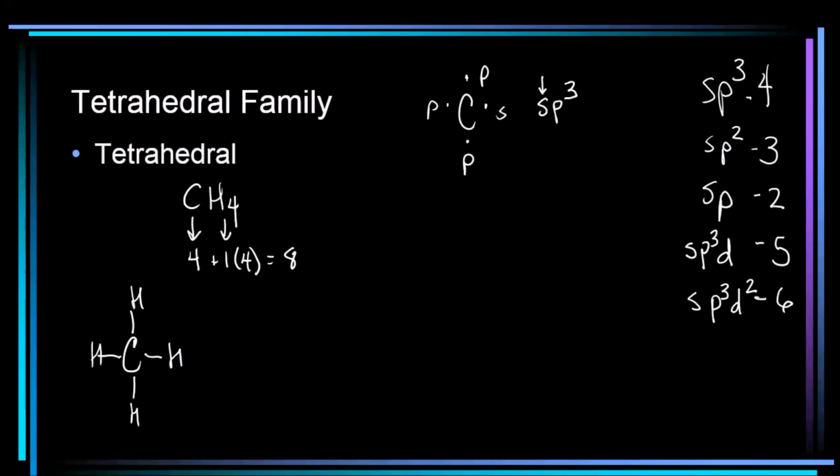All right, so how do we draw this in 3D? I draw it like this. This is 2D. Now I'm going to draw it. You don't have to draw it this way, but I want to show you why it's called a tetrahedral.